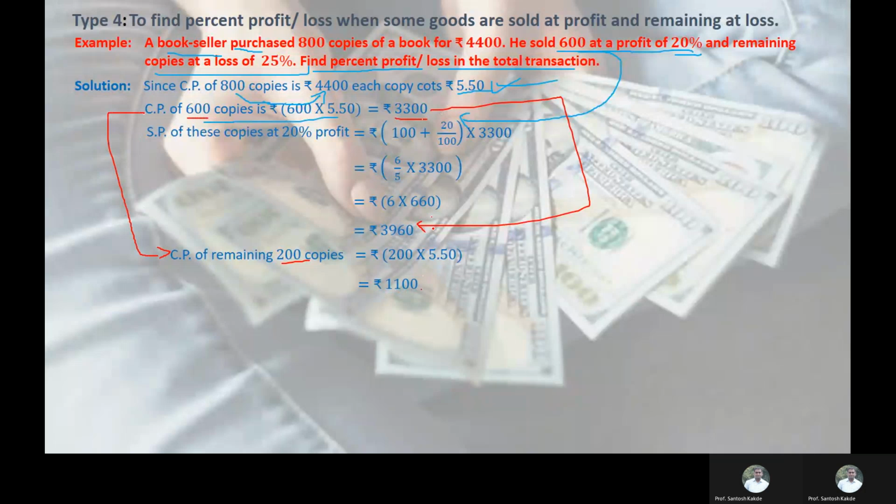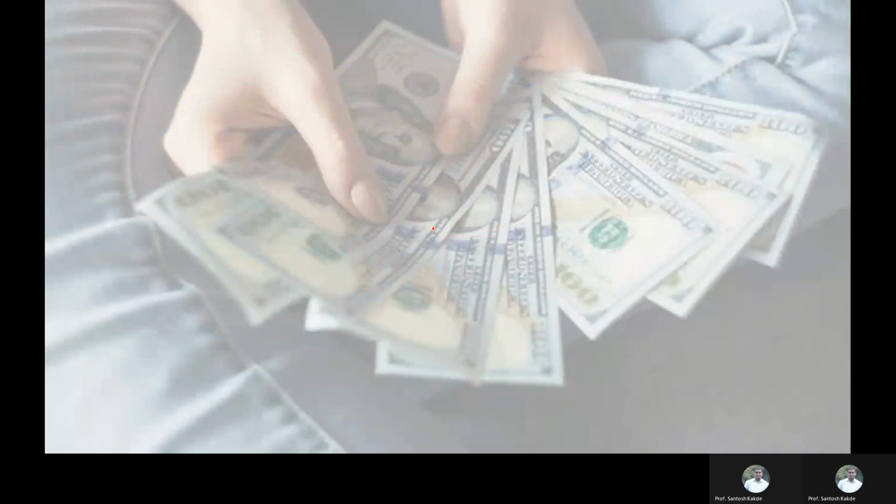If this answer tallies with total copies, then your answer must be correct. Otherwise, you have to see where you have made a mistake, isn't it? So based on this, we have to proceed: 200 copies we have sold at a loss of 25%.